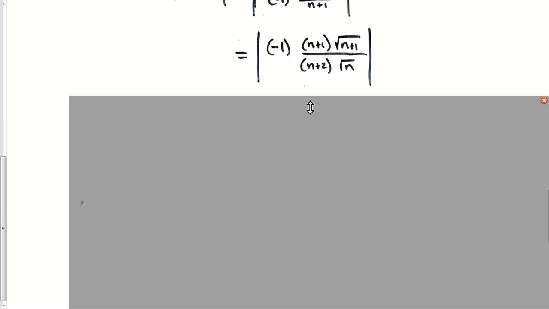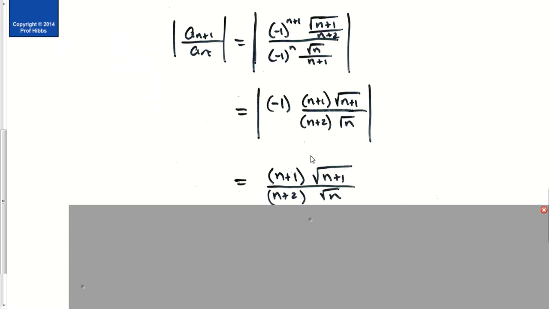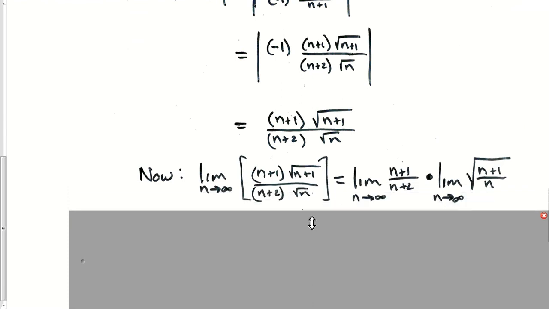Now, because n is going to infinity, all of this part is positive. And so when we take the absolute value, basically we're just going to eliminate that negative 1, aren't we? So this is what the absolute value of a sub n plus 1 over a sub n looks like in its simplified form. So that's what we take the limit of.